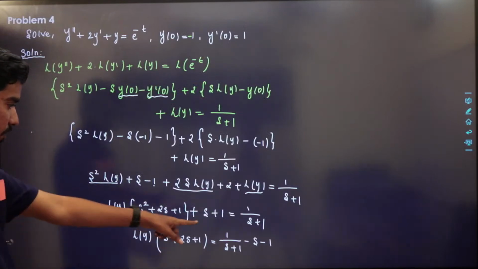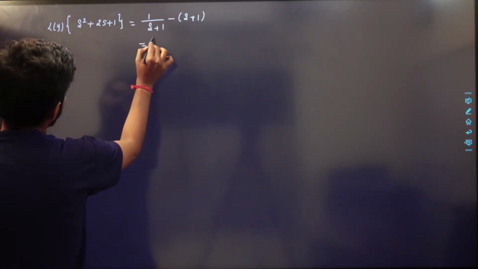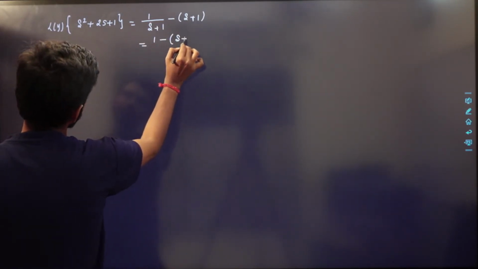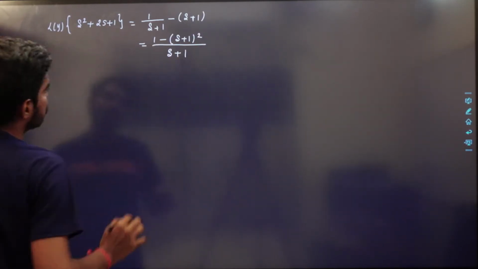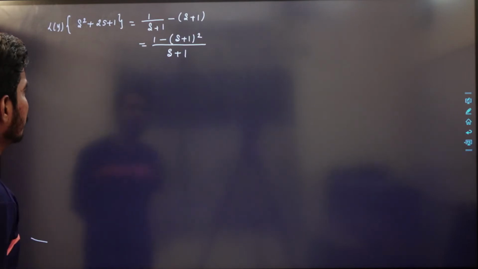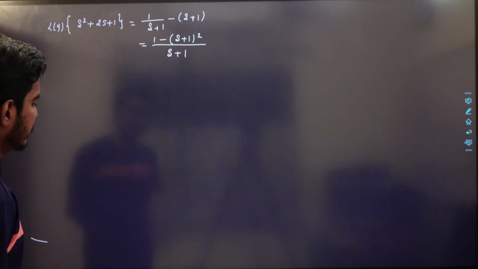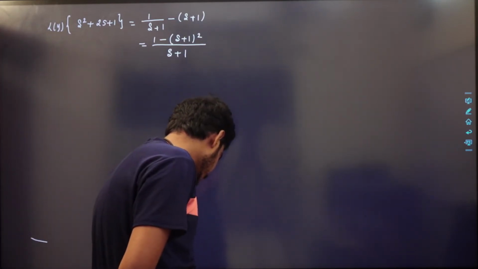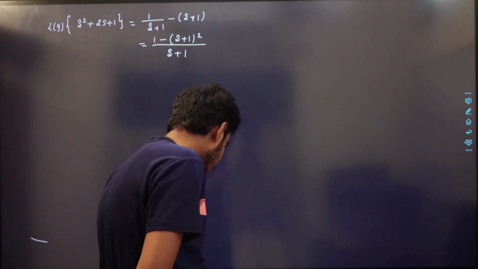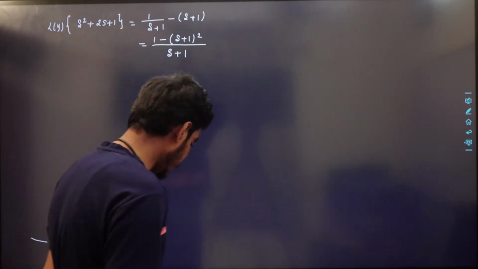If I cross multiply, we will have 1 minus s plus 1 whole square divided by s plus 1.